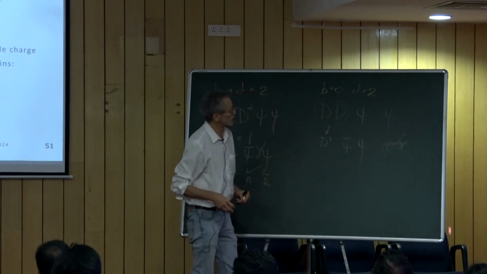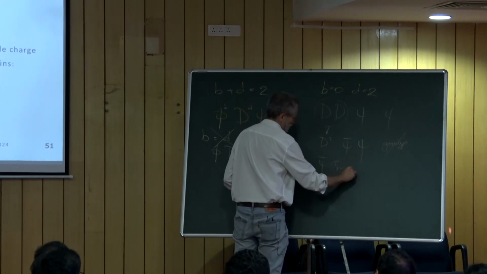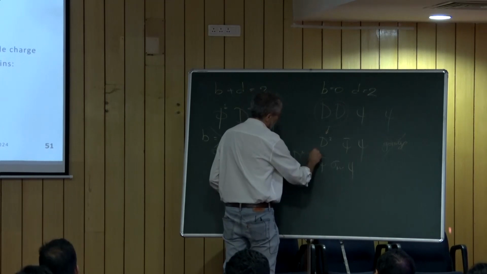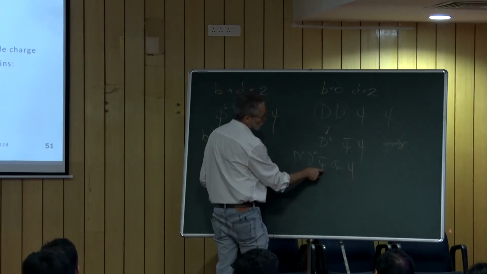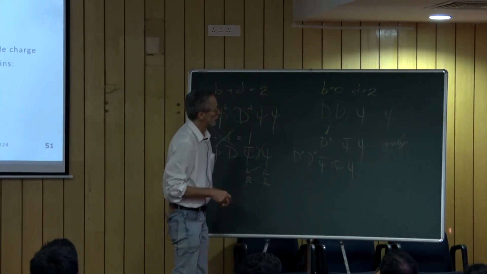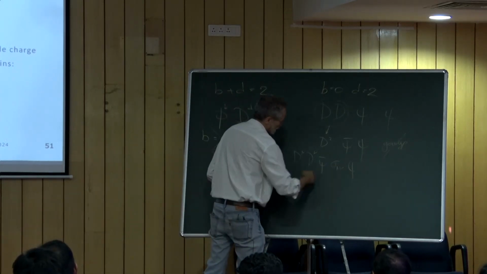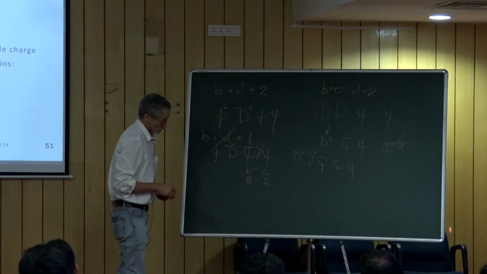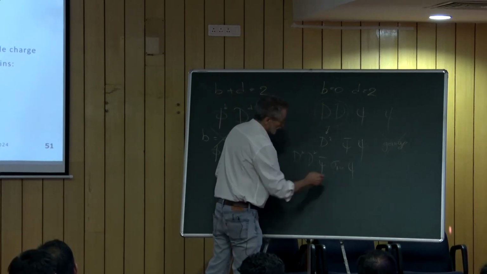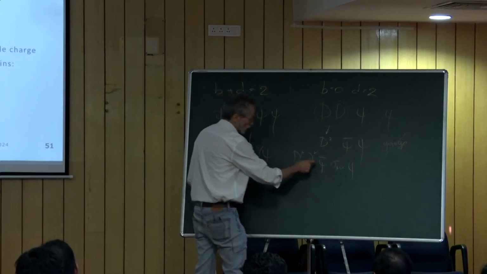The other possibility is to have something like this. The derivatives can both hit one guy or the other guy or one each. It doesn't matter. The point here is, again, chirality and gauge invariance. Since there are two gamma matrices, they have opposite chiralities, one left, one right.